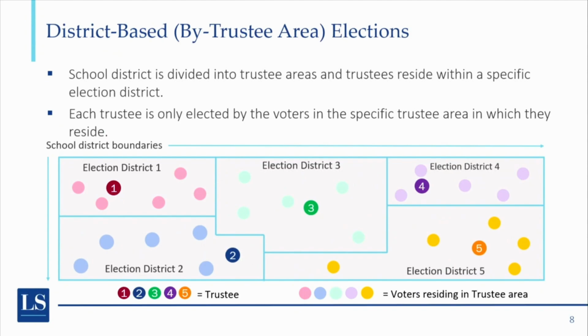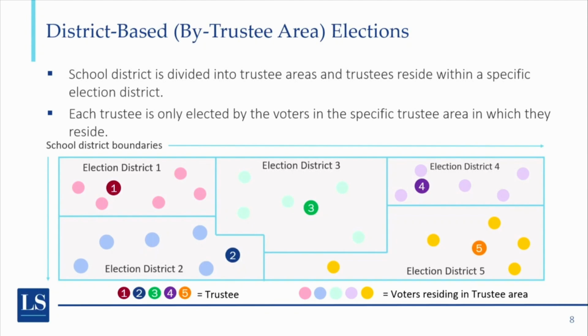Then you have the by trustee area elections, where the jurisdiction of the district doesn't change and the boundaries remain the same, but it gets divided up into seats. You're a 5-member board, so it would be divided into 5 trustee areas.